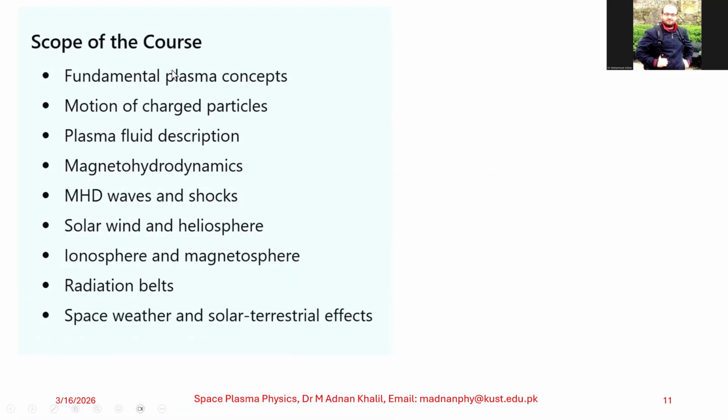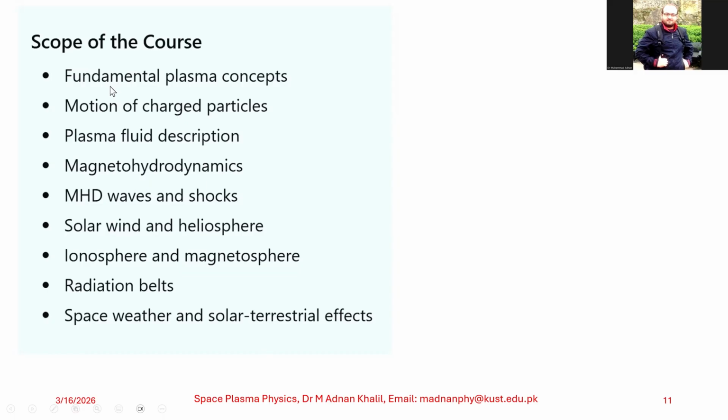Now, some scope of the course: fundamental plasma concepts will be discussed, in the form of charged particle motion and how we describe the plasma. We need to describe it as a fluid description. If we describe it over a large time scale, we move toward the magnetohydrodynamic theory. All of this will be applied around the Earth's atmosphere and in the planetary regions.